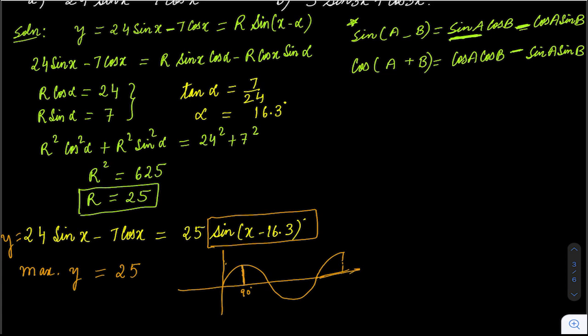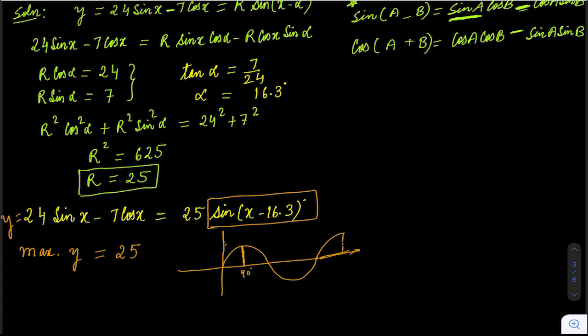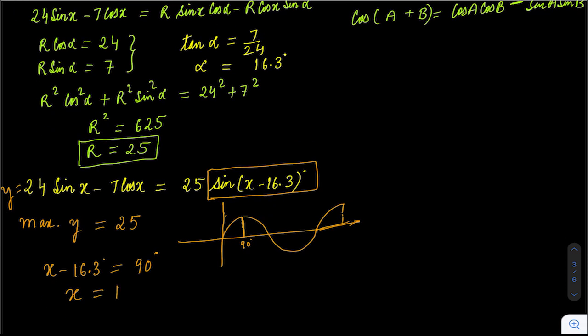So that is 90 degrees. So I can say that x minus 16.3 degrees should be equal to 90 degrees. So I am getting my x value from this as 106.3 degrees. So this is my smallest positive value of x.